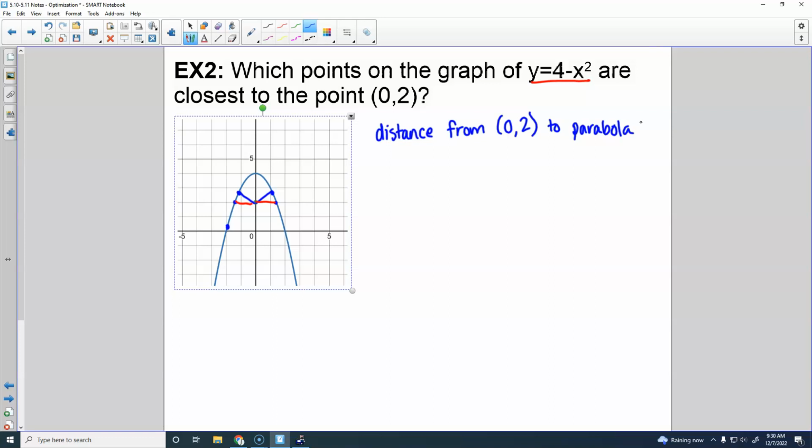Anybody remember the distance formula? The square root. This is long ago. Math 1. You may have pulled it back out in some of the other math classes, but definitely Math 1.